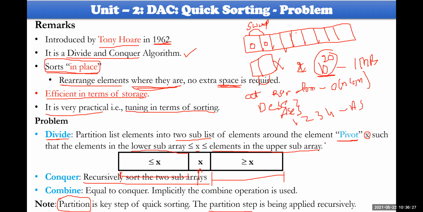Then how quicksort will be developed using big O of n log n. You must remember that n log n is a lesser value when compared to n square. It is very much less.